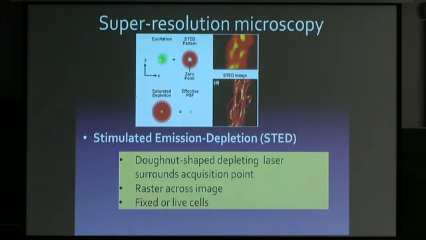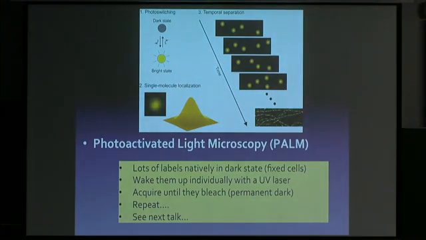You have excitation in the middle of the donut, and around it you have depletion of the fluorescence. And what this does is give you an effectively much smaller point spread function. You raster this across your image, and you go from this blurry confocal image to quite a sharp image here of some, I think these are microtubules. Okay, you can do this with fixed or live cells. In the next talk, I believe, is that right?